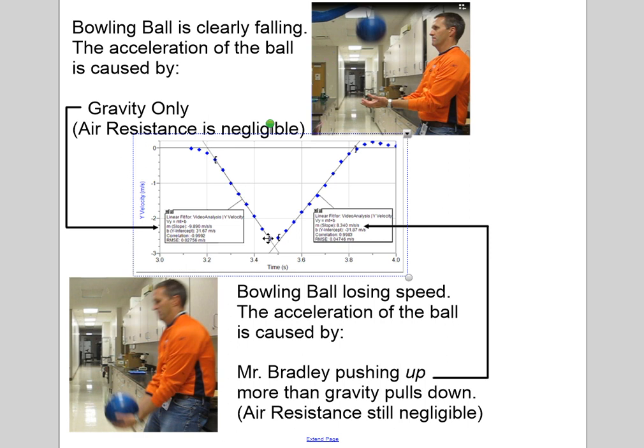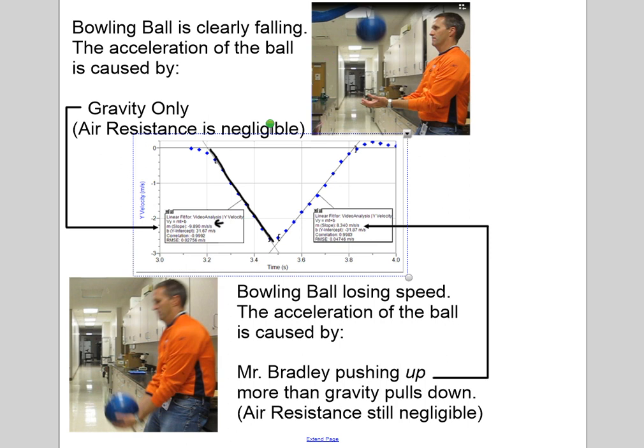If you can read really carefully, you can actually see that this acceleration is very close to negative 9.8 meters per second per second. That is the slope of this part of the velocity time graph. And that value shouldn't surprise you. It's the acceleration due to gravity, since air resistance is pretty negligible on a bowling ball as it falls.